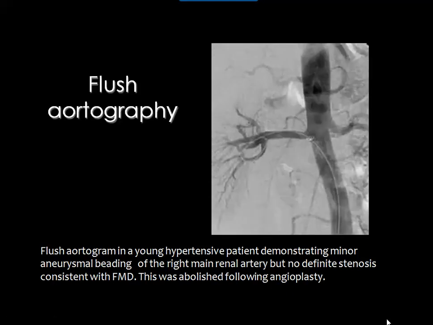But sometimes you can push the catheter into the right renal artery, then inject contrast media to show the artery clearly, then you push the catheter into the left and do the same technique.